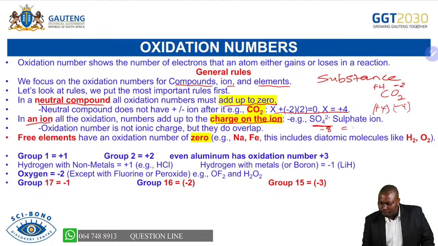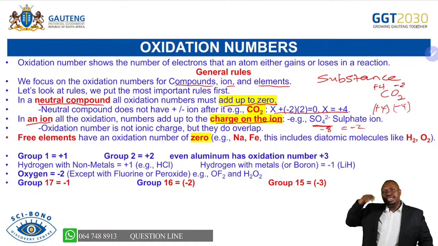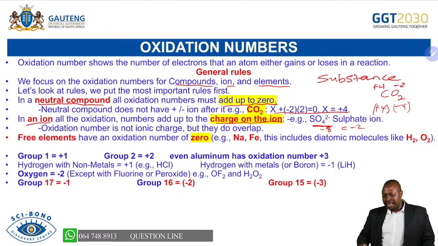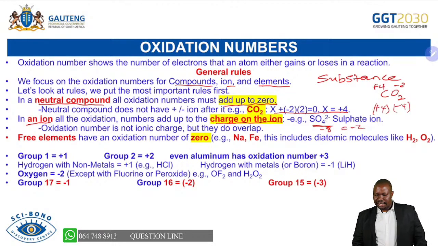But you want your answer to be -2 because they must add up to the charge. So the final answer must be -2. Hence, when you have -8 for oxygen, to get -2, you can simply say x - 8 = -2, x for sulfur, -8 for oxygen.